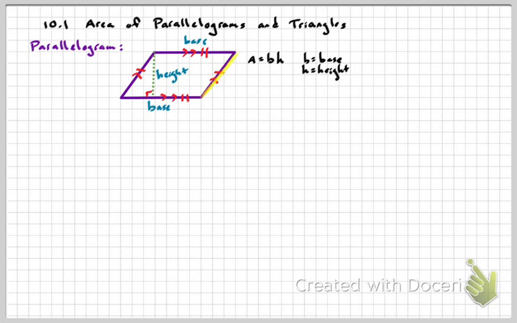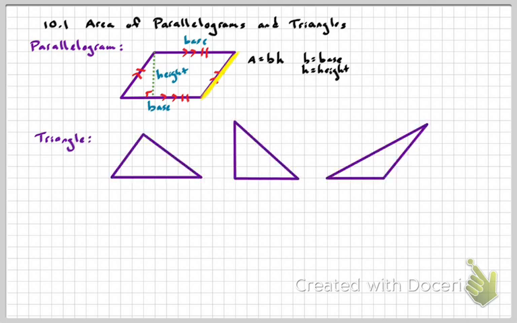So it is not the length of this highlighted length. The number one mistake people make is they'll do base times that yellow length, and that's incorrect. So for a parallelogram, it's super easy to find the area, just base times height, but you've got to remember the height is the distance between the bases, and it's a perpendicular distance.